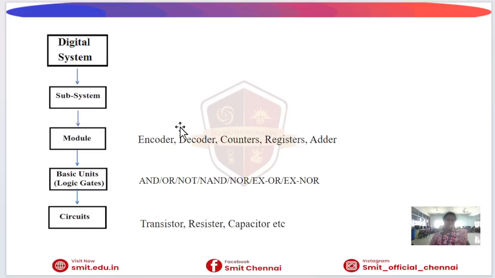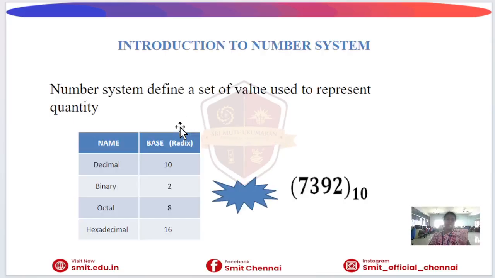These are the basic introductions of the number system. Decimal is base 10, binary is base 2, octal is base 8, and hexadecimal is base 16. If we want to convert to decimal form, we have a number in base 10. If it is binary, it is a number in base 2.